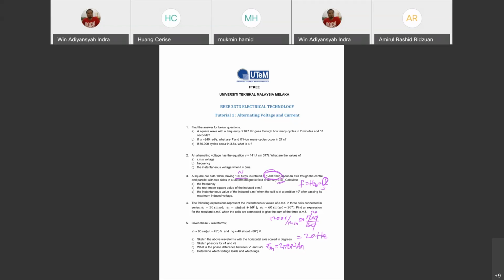A is this square here. And then what else? Small n. If we check the slide later, small n is the frequency actually.